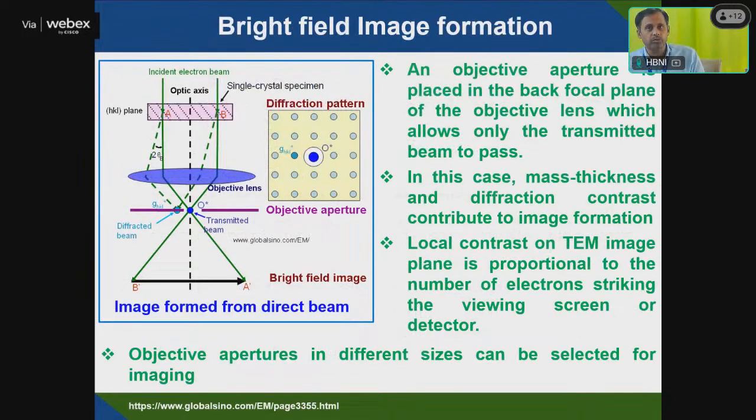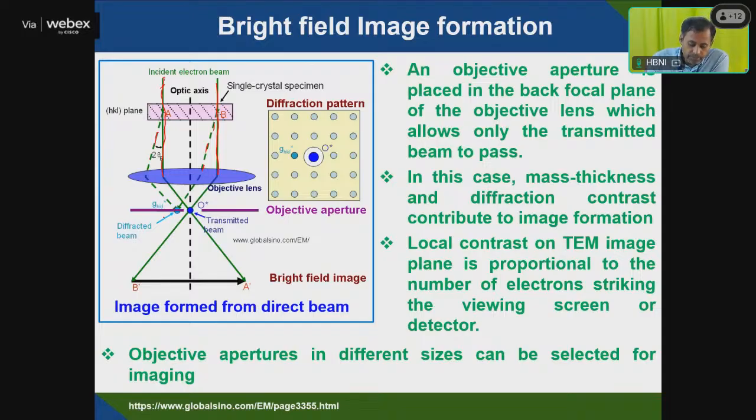So first, coming to the bright field image formation, how does the bright field form? Here you can see this is the objective, this is the sample, and after interacting with the incident electron beam falling on the sample and going through the objective lens, this is the direct beam coming here, and this dotted line is your diffracted beam.